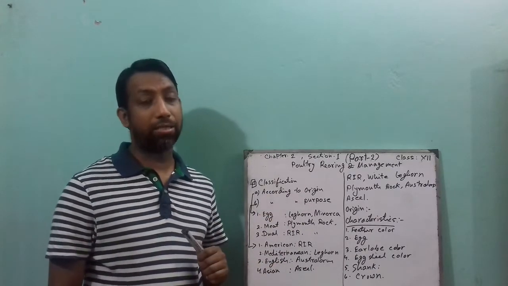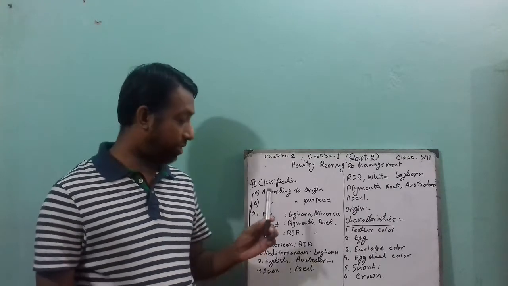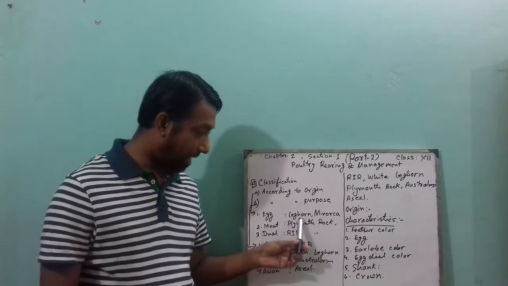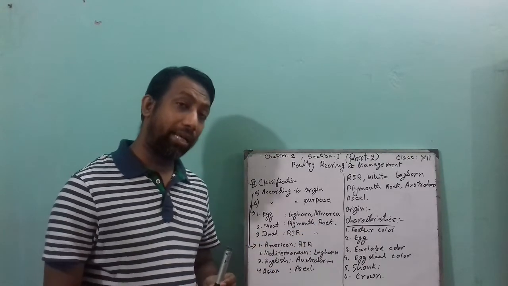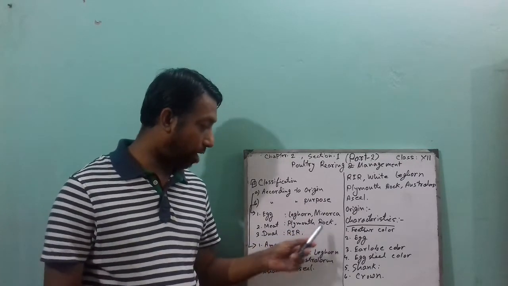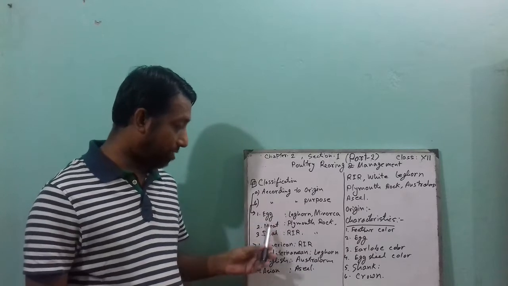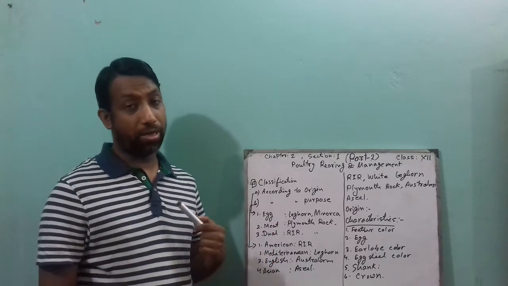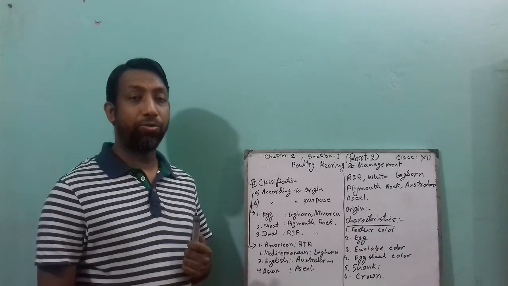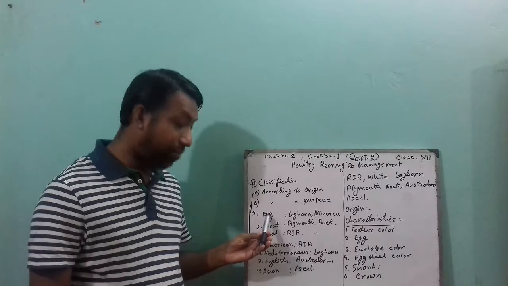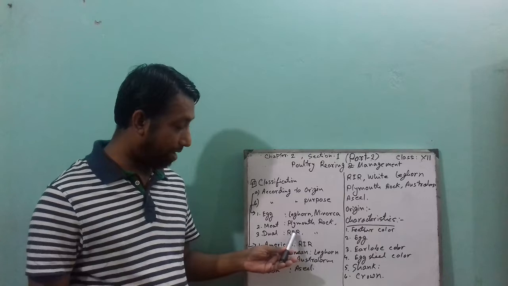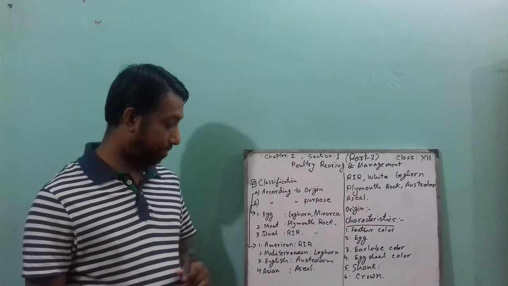We can classify into three types: egg producing breed, for example Leghorn, Minorca. Second is meat producing breed, which is Plymouth Rock and others. And the last one is dual purpose, where the farmer can rear this poultry bird to fulfill both the egg and meat demand, which is Rhode Island Red, short form RIR.